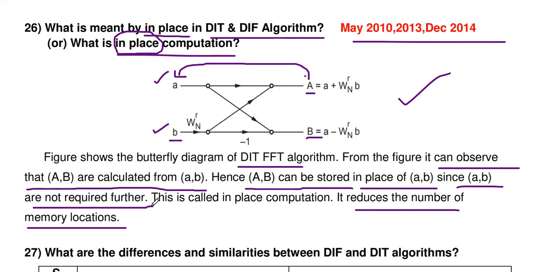Once the capital A and B calculation is over, the small a and small b values are not needed, so we store the results in their place. This is called in-place computation. What is the need for in-place computation? The advantage of in-place computation is that it reduces the number of memory locations.